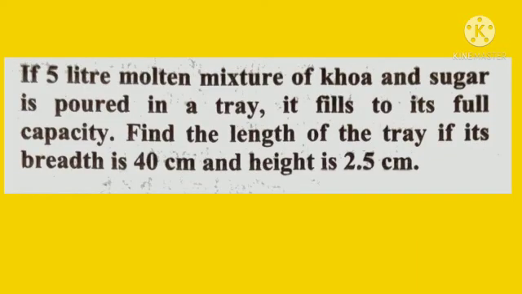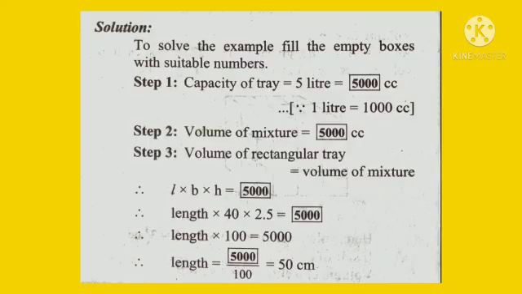Example: if 5 liter molten mixture of cocoa and sugar is poured in a tray, it fills to its full capacity. Find the length of the tray if its breadth is 40 centimeter and height is 2.5 centimeter. Solution: to solve the example, fill the empty boxes with suitable numbers.